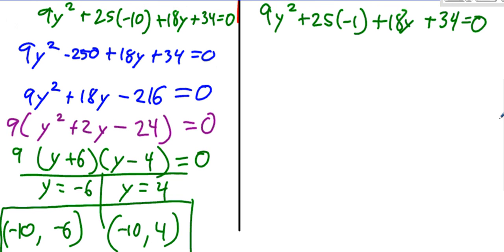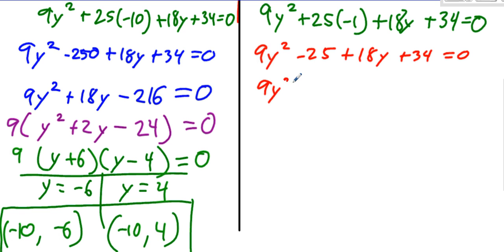Do the same thing with the other half when you plugged in the negative 1 for x. Work it out. We get 9y squared minus 25 plus 18y plus 34. There's a 9 in common that we can factor out.